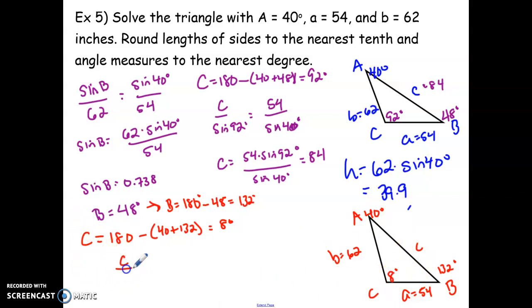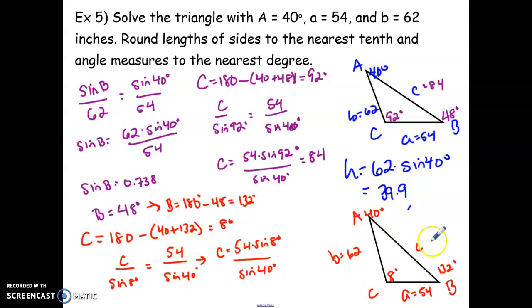And then we can find side C by doing sine of 8 degrees equals A, which is 54, over sine of 40. And if you type in 54 times sine of 8 divided by sine of 40, make sure it's in degree mode, you end up getting 11.7 there. Okay, and that's your ambiguous case.